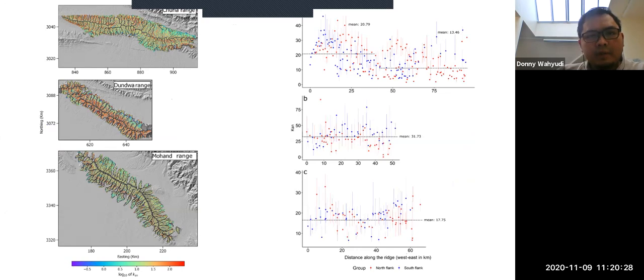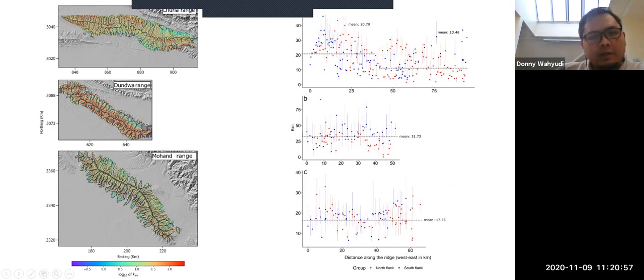And so the figure on the left hand side is the mapping of the channel steepness across these ridges. We can see that in Churia range, it is somehow higher at the western tip of the range. Well, when we look at the east, it's generally lower compared to the western.